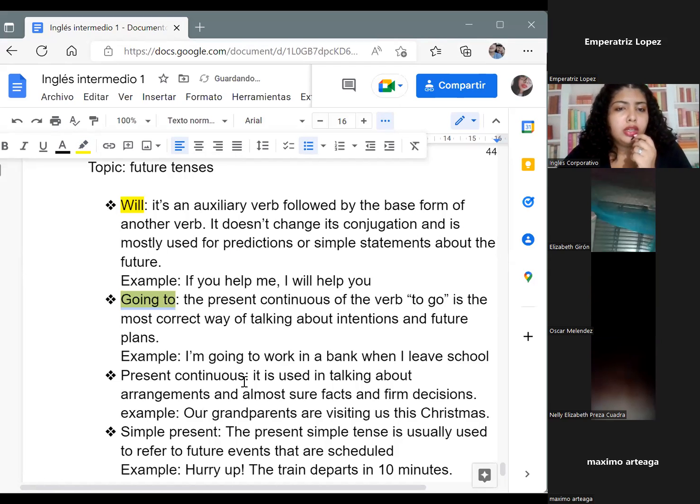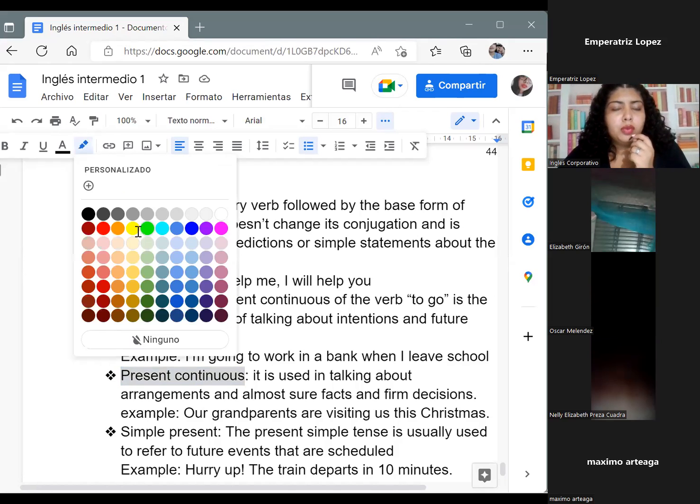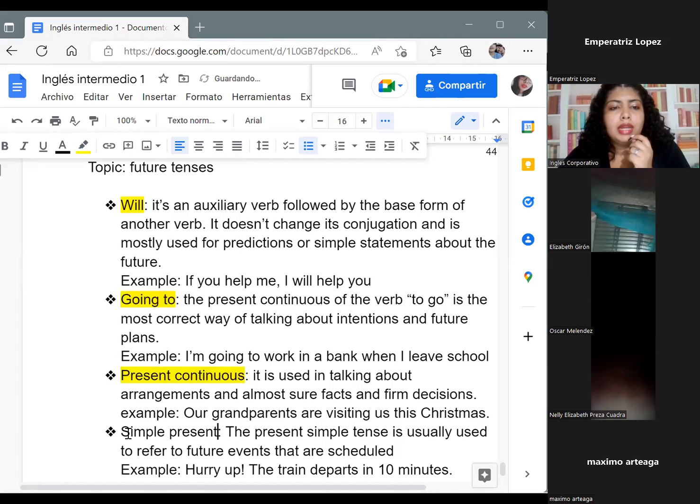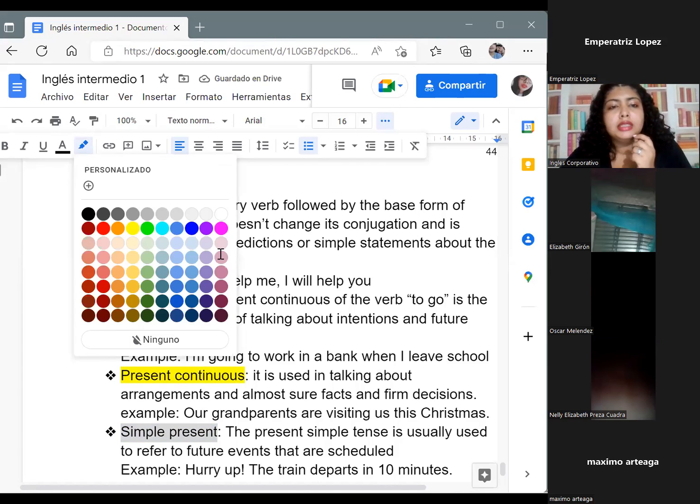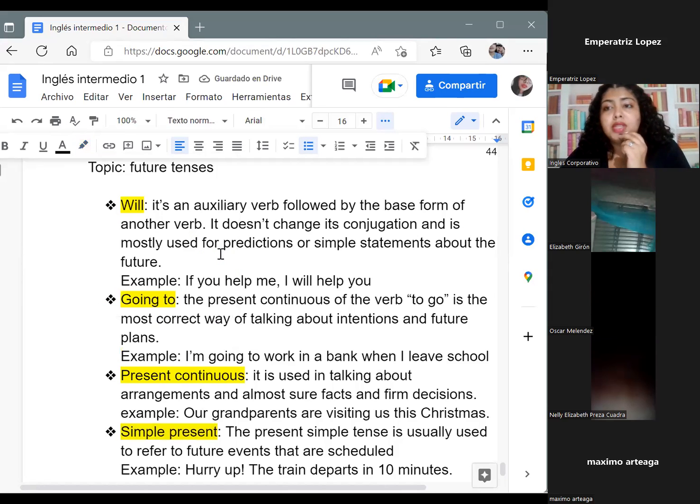So we can use the present continuous, and also the simple present for things that we are sure are going to happen in the future. Like in the last one, the simple present, in which it says that we are going to use this tense when we are talking about future events that are scheduled.